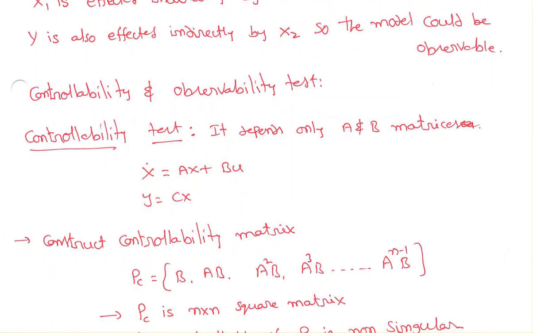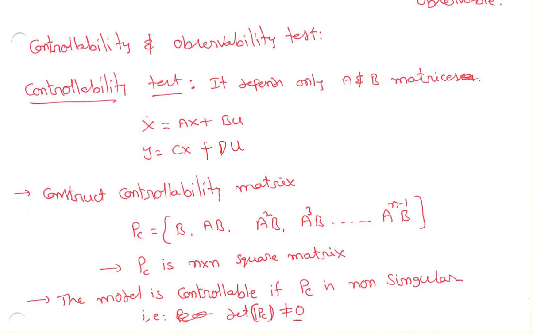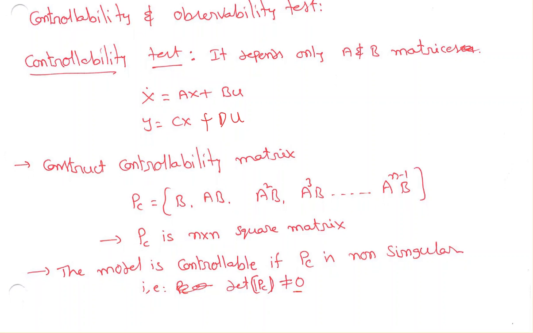The controllability test depends only on the A and B matrices. The state equation is x dot equal to Ax plus Bu, and the output equation is y equal to Cx plus Du. To construct the controllability matrix, I represent it as P subscript C, where C indicates controllability.